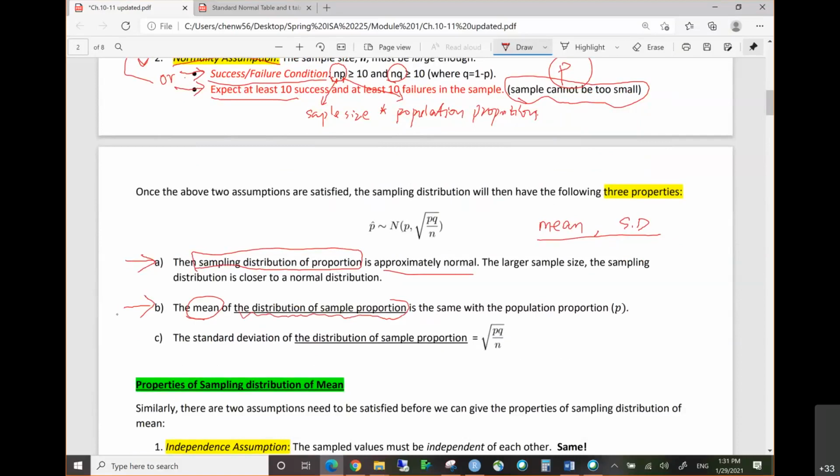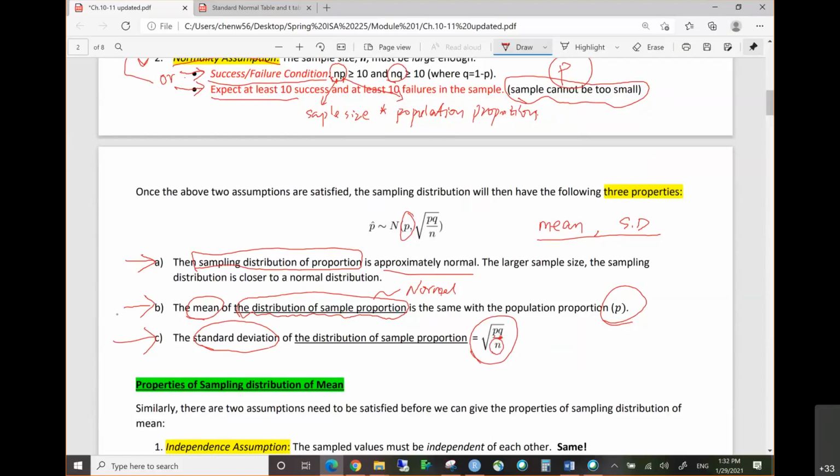The mean of this normal distribution is just the population proportion P. The next parameter, the standard deviation of this normal distribution, equals the square root of P times Q over N: the population proportion times 1 minus the population proportion, divided by the sample size.